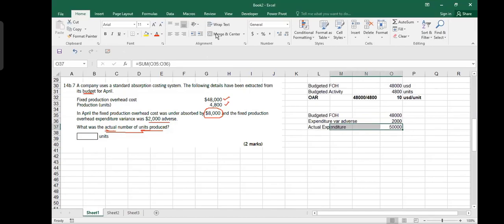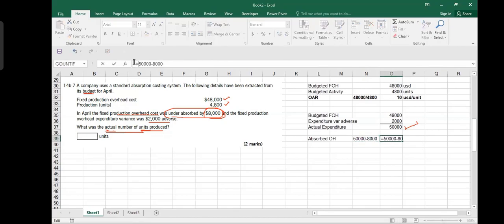But then they also tell you that your fixed production overhead cost was under absorbed by 8,000. So 50,000 is what you actually spent. Now, how much did you absorb? I need to calculate my absorbed overheads. My absorbed overheads will be 50,000 minus 8,000, because there was an under absorption, and under absorption means that you absorbed less.